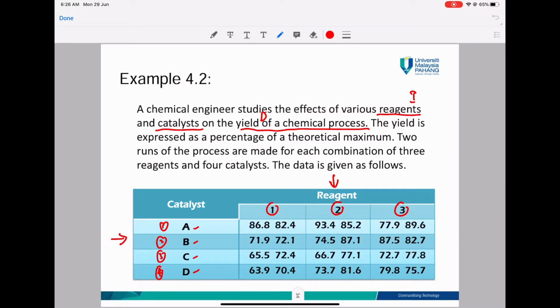From this question, it is also mentioned that 2 runs of the process are made for each combination. So that means for each treatment, for example treatment A1, we have 2 replications. The first one is 86.8, the second replication is 82.4.